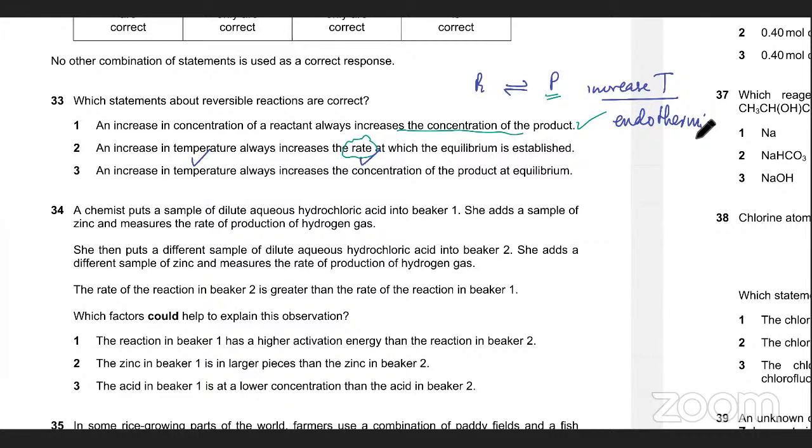But here it's not specified which is endothermic and which is exothermic. Exactly. So how would you know it's going to be the products? He was using the word always. So maybe products might be favored, but not always, because it has to be the endothermic reaction. We don't know which one is endothermic in this case. So that part is wrong.